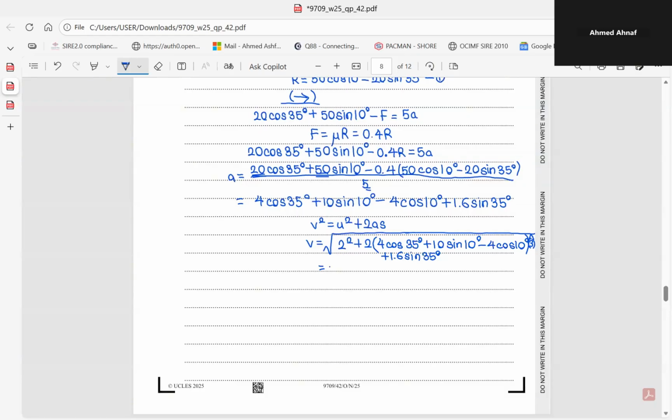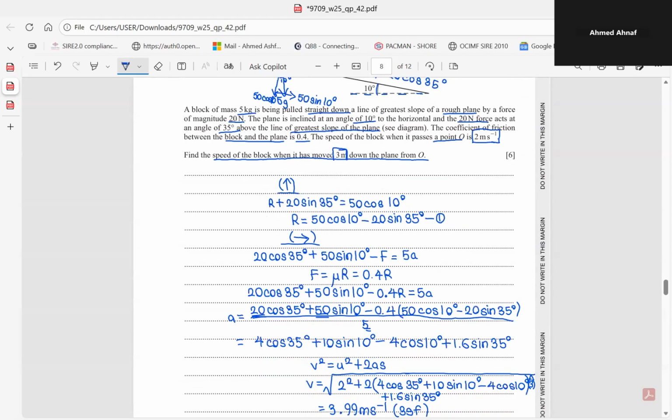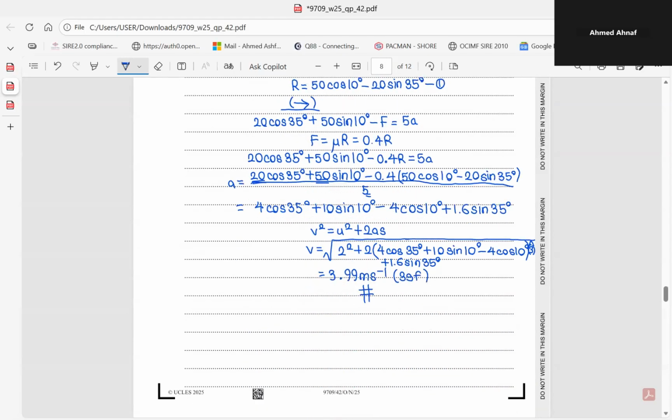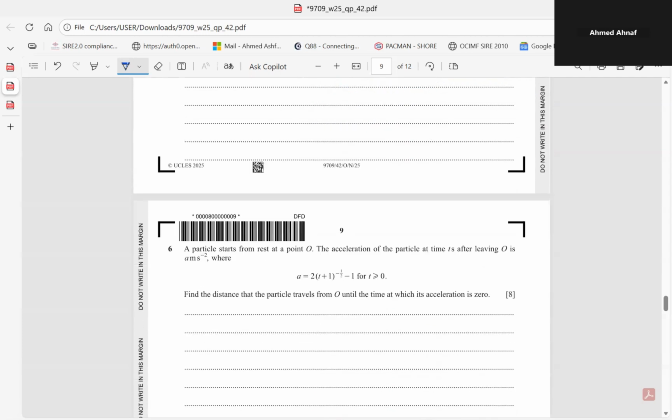You would get 3.99 meters per second as your final answer to 3SF. So yeah, this will be our final answer for this question. Let's move on to the next question.